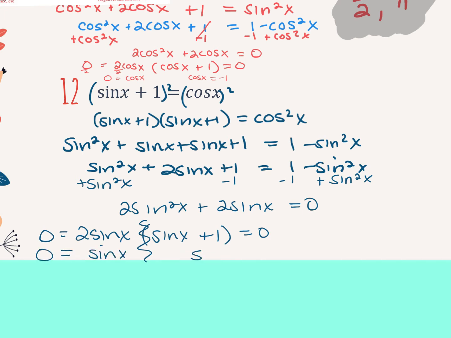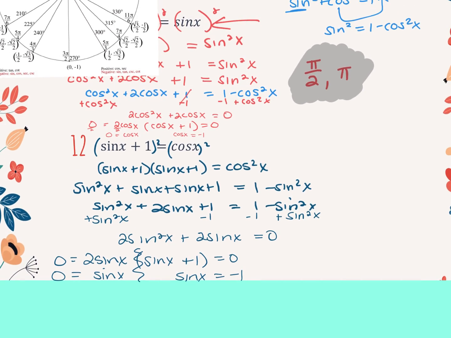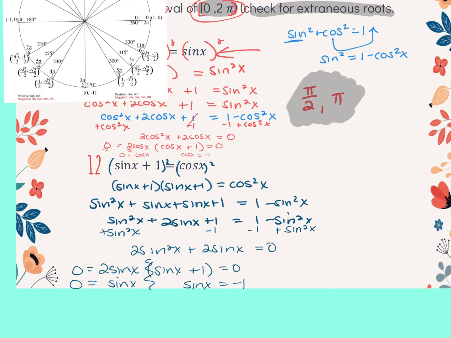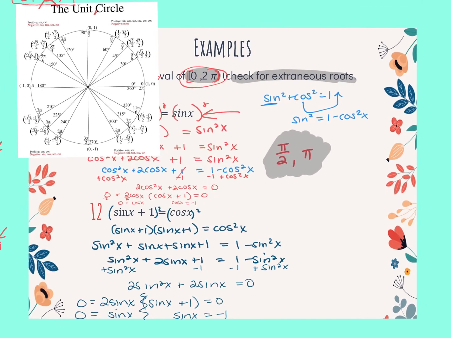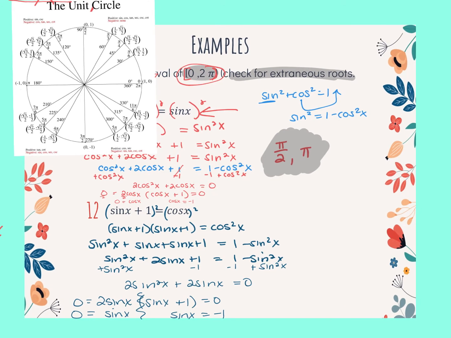Sine would equal 0, and sine would equal -1. So then go to your unit circle. Sine is 0 at 0 and at pi. And it's -1 at 3 pi over 2.